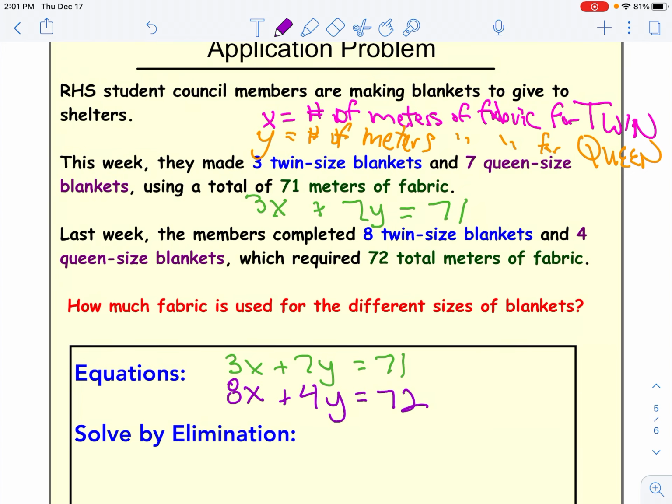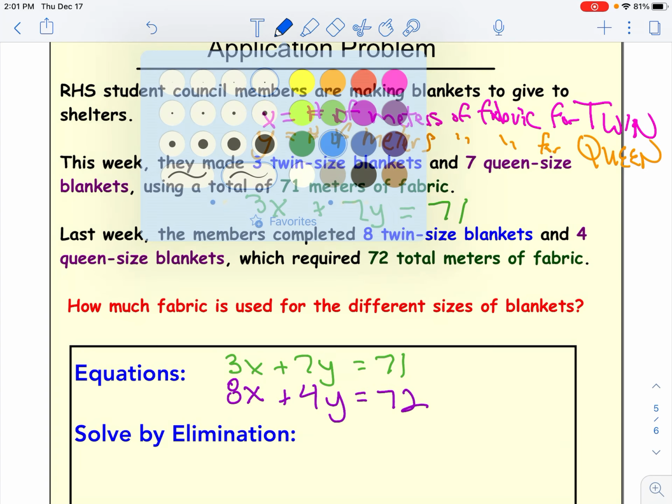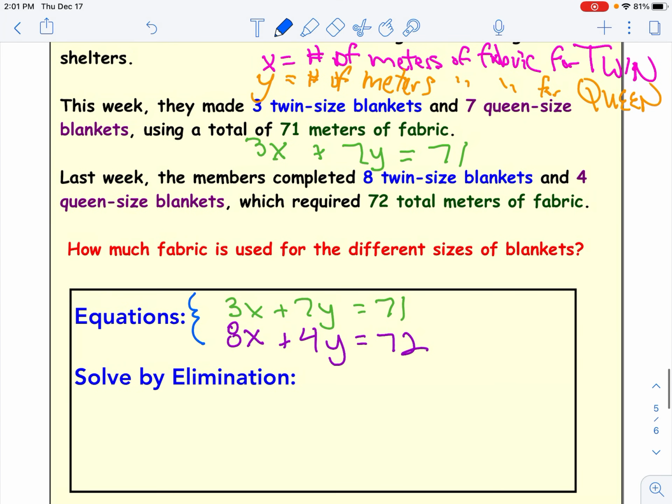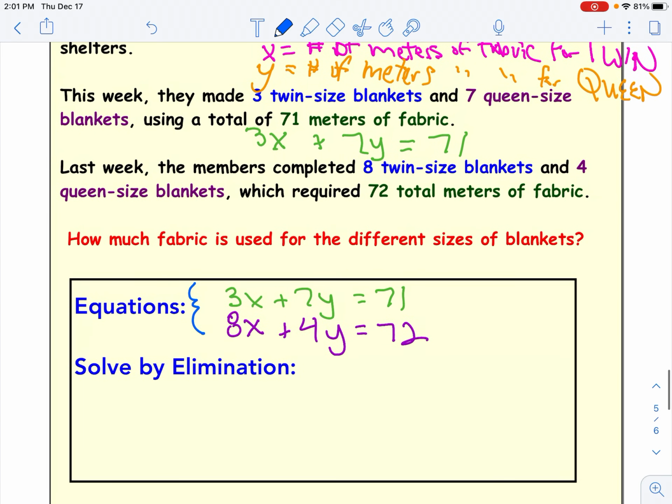So we have a system of equations here, and we can solve this. This is a great one to solve with elimination. But we're going to have to multiply both equations by a number to get one of the variables to eliminate.